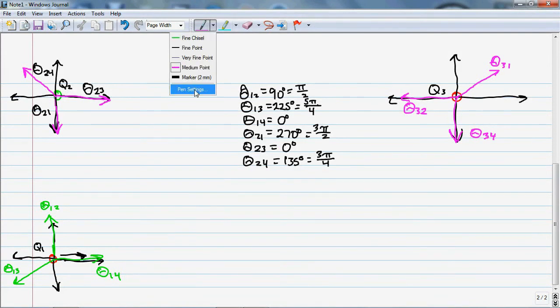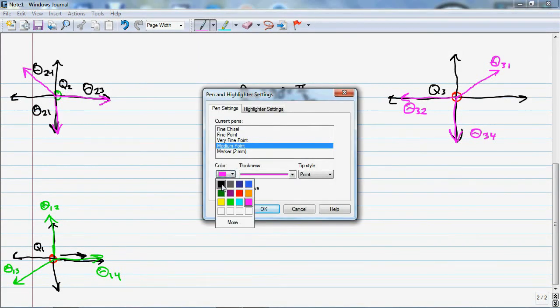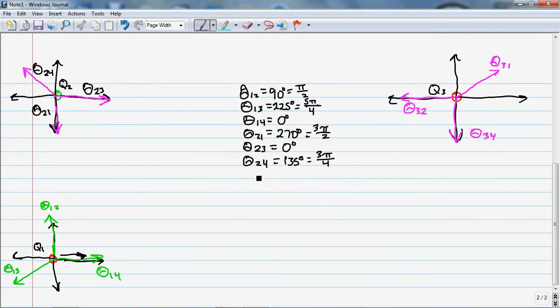And we can now write our angles down. Theta 3, 1, well, that's just going to be 45 degrees, or that's pi over 4. Theta 3, 2, that's just going to be 180 degrees, or pi.